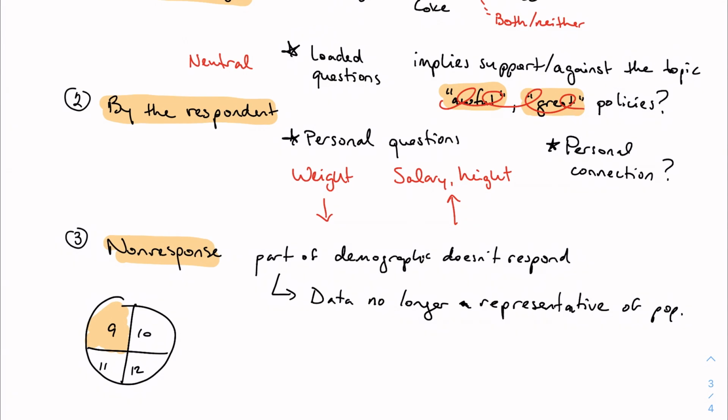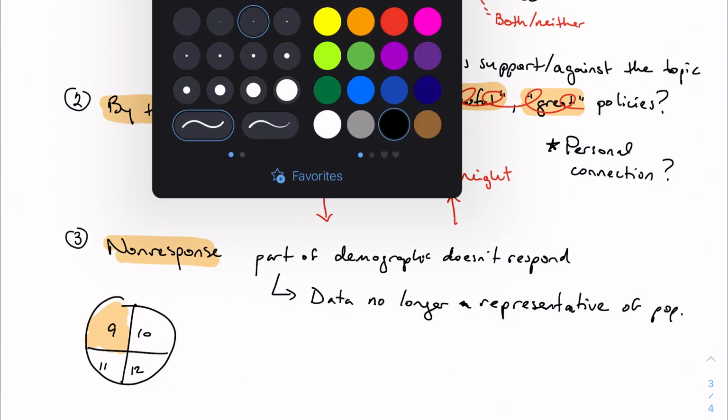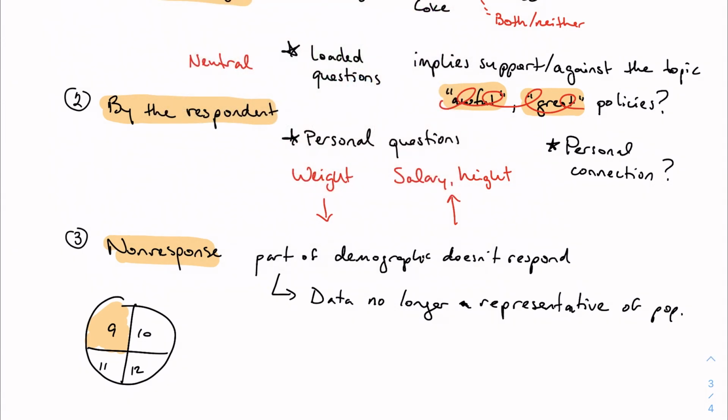Suppose maybe I had like one sophomore respond and two juniors and like two seniors and 100 freshmen, right? Well, that now leads to what we call undercoverage, where we're getting responses, but there's inadequate representation, and that is a problem.